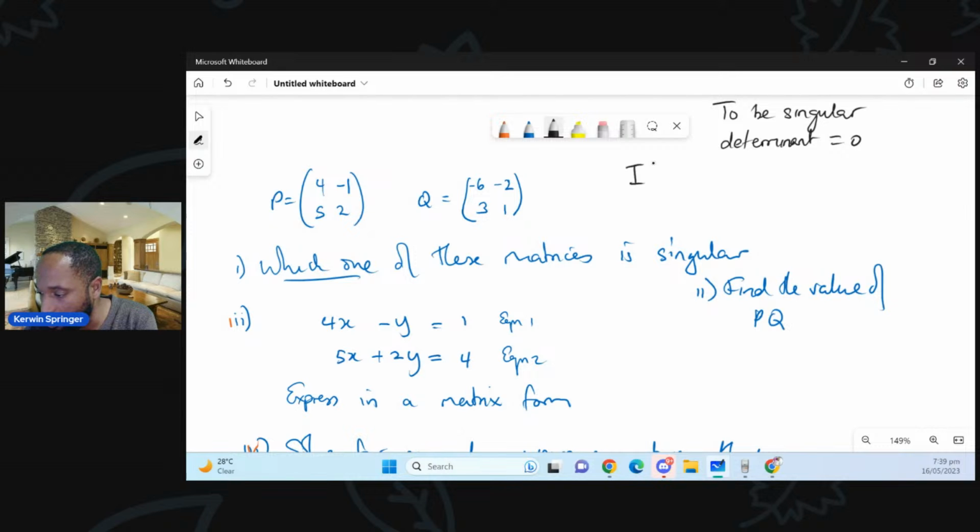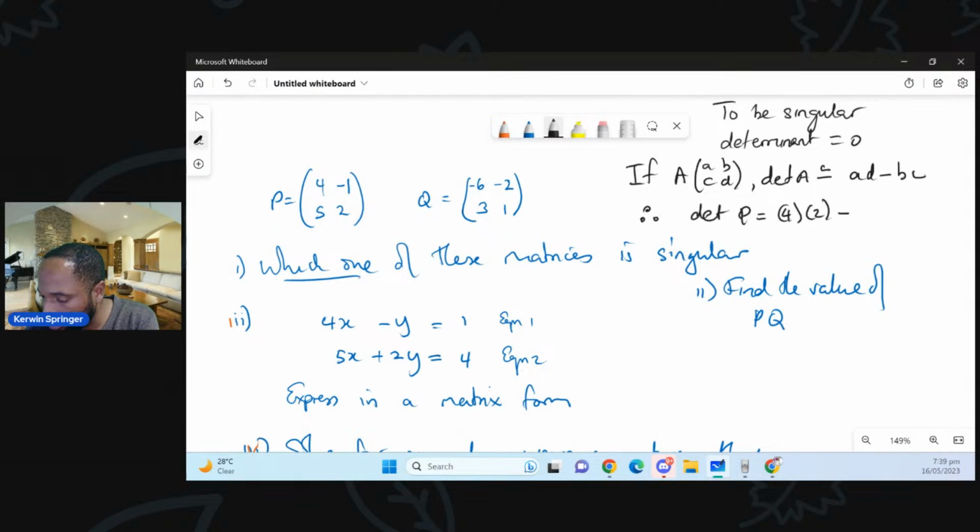And the determinant is found like this: if the matrix A is a, b, c, d, then the determinant of A is a times d minus b times c. Therefore, the determinant of P is 4 times 2 minus negative 1 times 5.